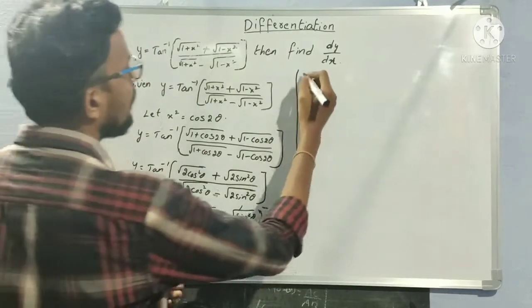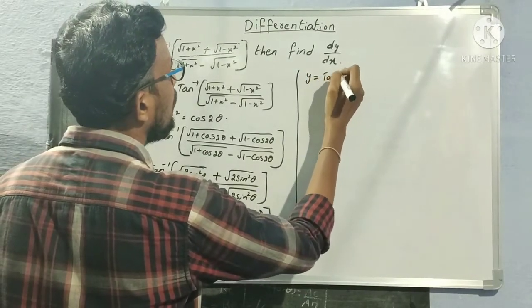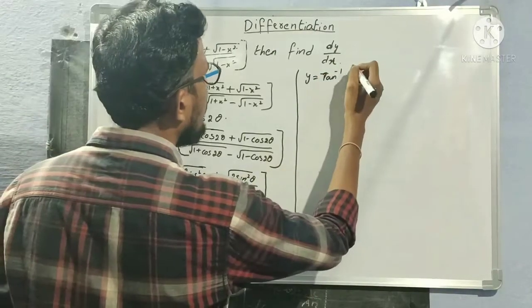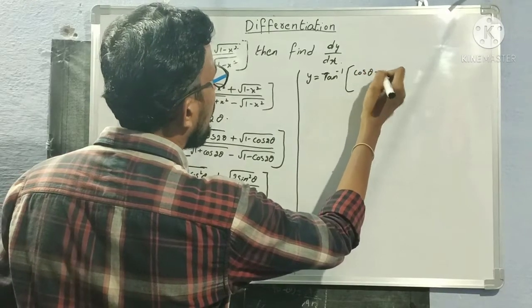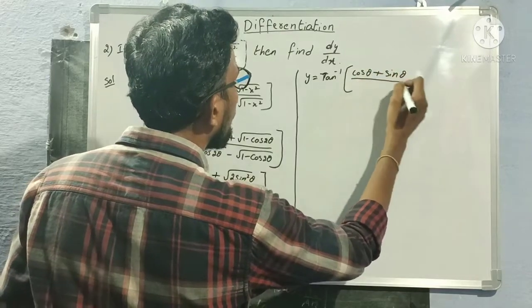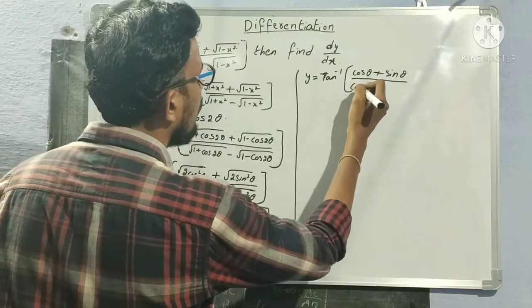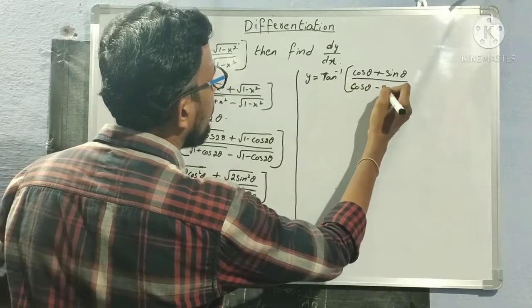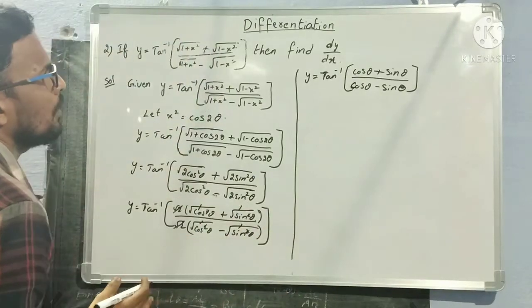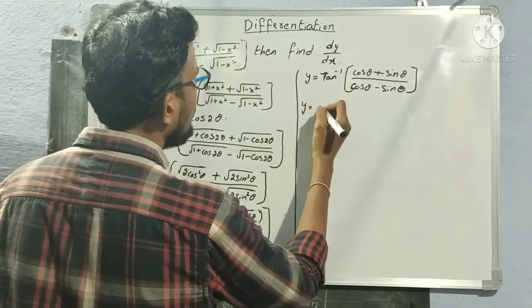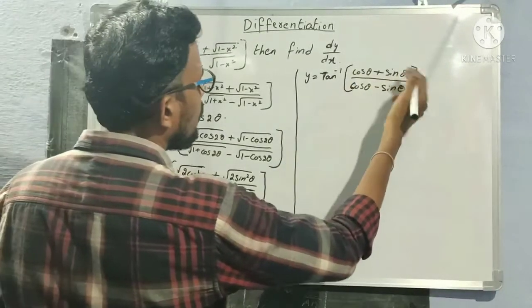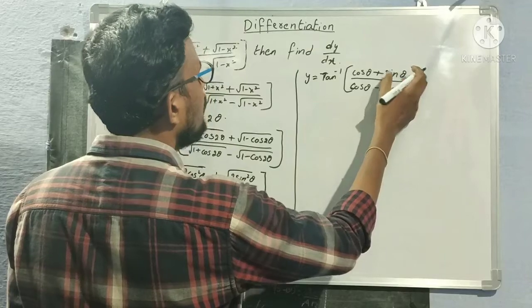So now y is equal to tan inverse of, here I am left with cos theta plus sin theta, since the square root gets cancelled, by cos theta minus sin theta. Okay, this is what is left now. So now I will divide both numerator and denominator by cos theta, so that I get the value in terms of tan.